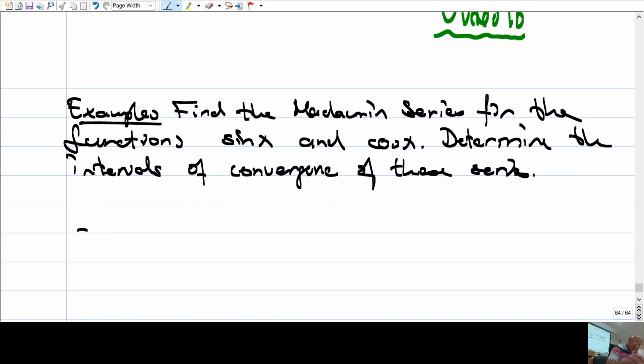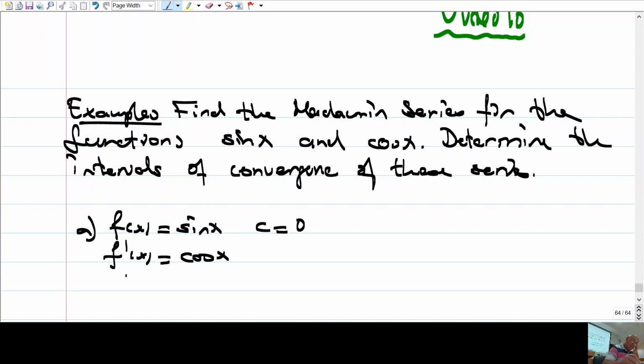Okay, so first one is sine x. Since I said Maclaurin series, it means c is equal to 0. Okay, so I need to compute the derivatives of sine x at c equals 0. Well, f prime is just cosine x.